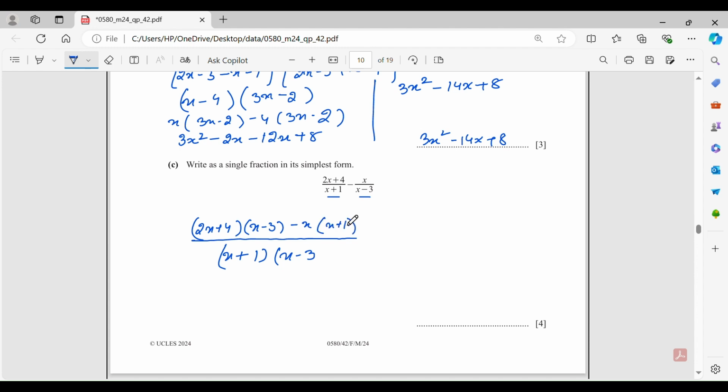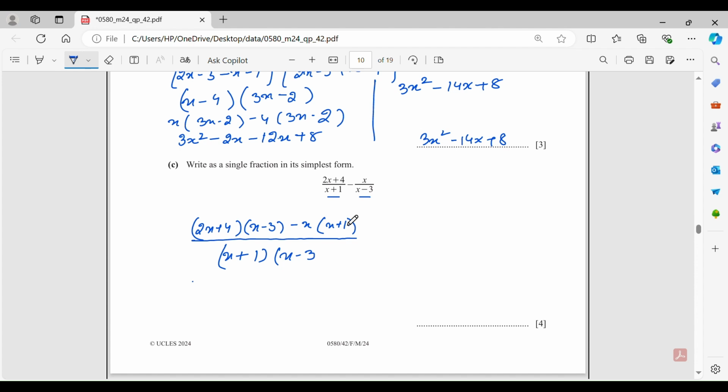right? So here we will open the brackets. So 2x square, 2x is multiplied by this whole and 4 will be multiplied by this whole.